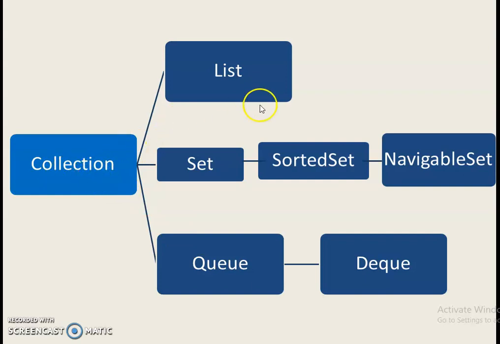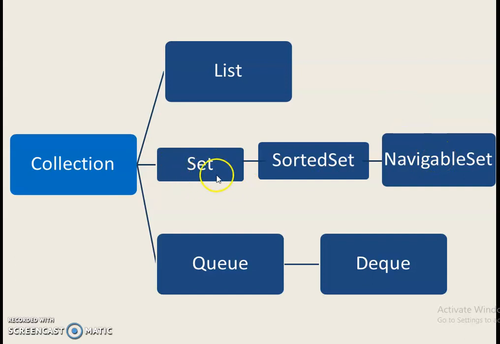In the first part we discussed the List interface. In the second part we discussed the Set interface and the HashSet class that implements it. In today's session we are going to see the sub interfaces of Set, that is SortedSet and NavigableSet.